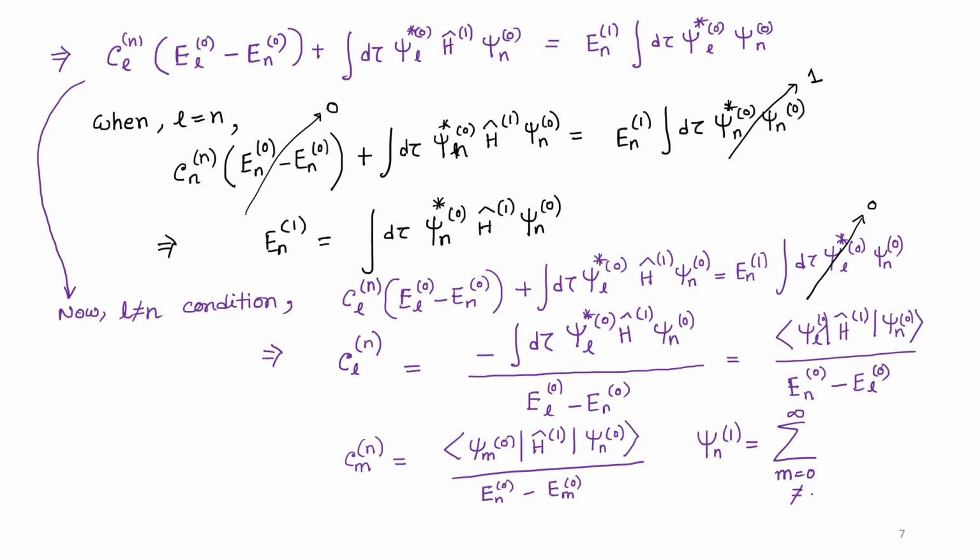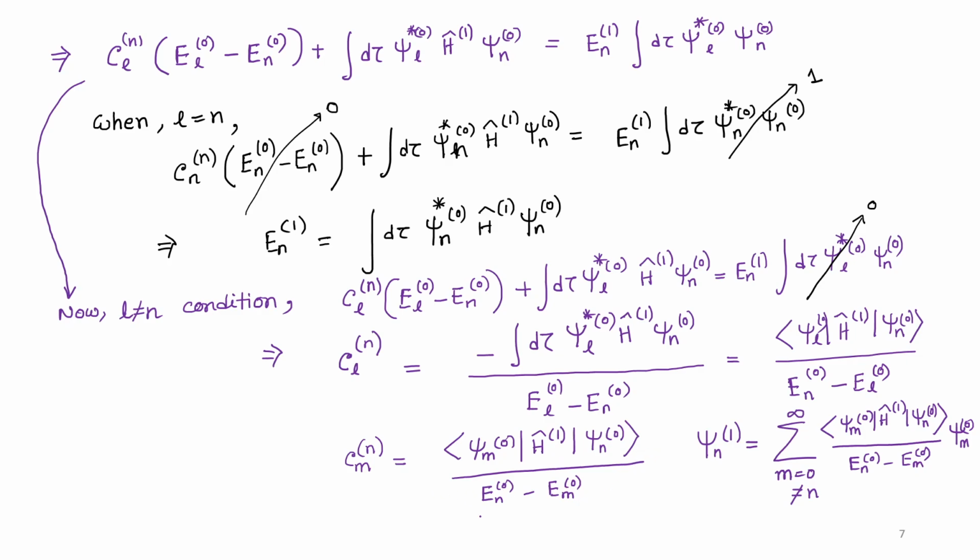Another condition that will be added is that m is not equals to n. So that condition is added, and it is ψm⁰ H1 ψn⁰ divided by (En⁰ − Em⁰) into your ψm⁰. Okay.